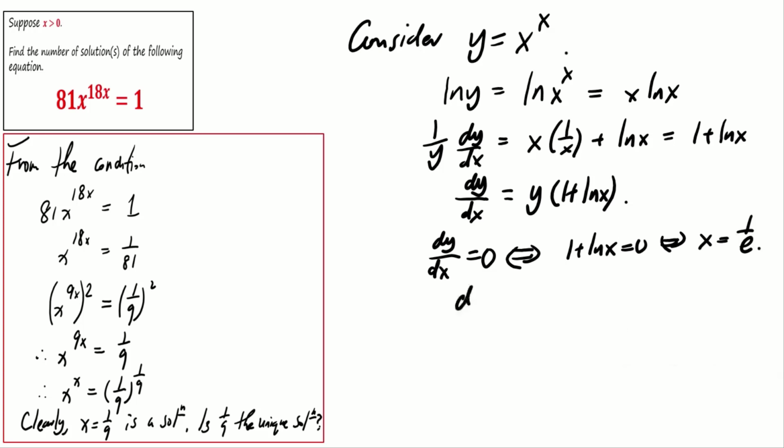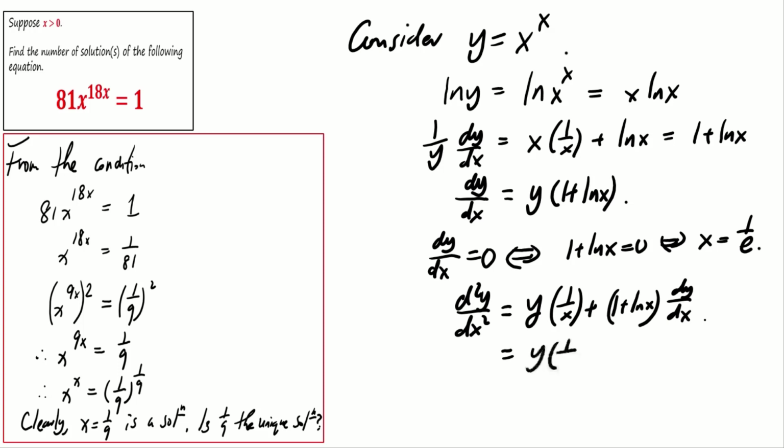Also, d2y/dx2 equals y times (1 over x) plus (1 plus log x) times dy/dx, and it is y times 1 over x plus y times (1 plus log x) squared.